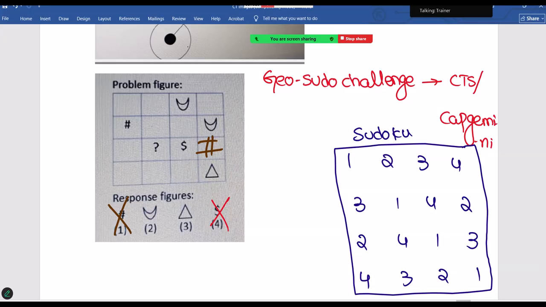Yeah, here it is triangle. Triangle cannot come here. Triangle cannot come here. If this slot is filled, then we can decide the answer. Here, what can be done? Half moon out. This slot or this slot, half moon. So here two, here two. One more slot, if we can fill, this will be definitely dollar.